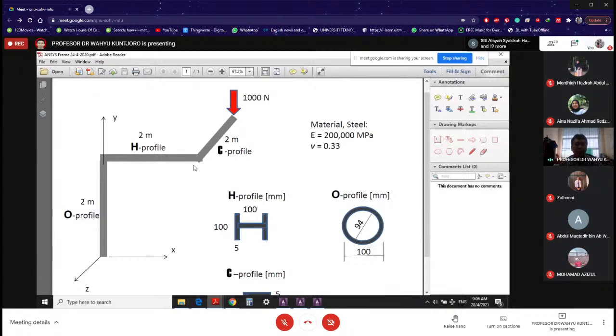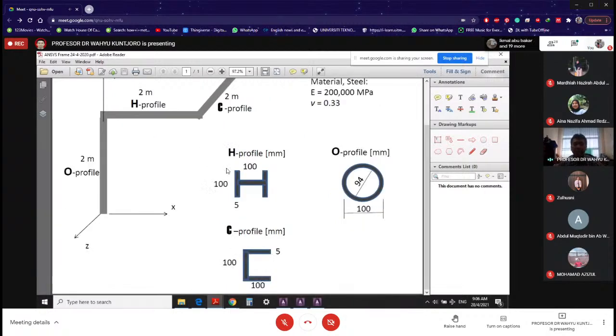For the horizontal member, we have an H profile or I profile, with the dimensions given there. And for the last segment, it is a channel or C profile, with the dimensions given over here.